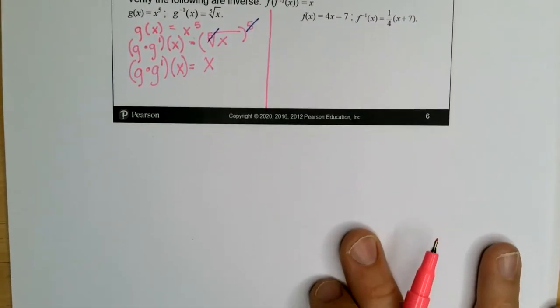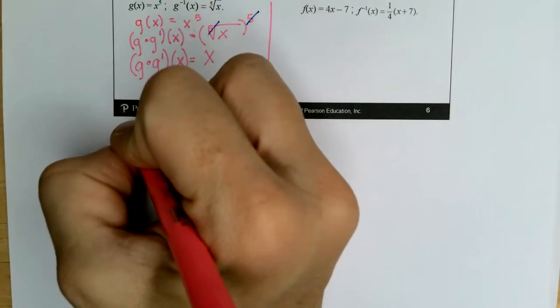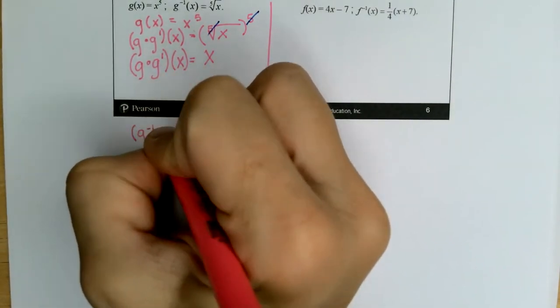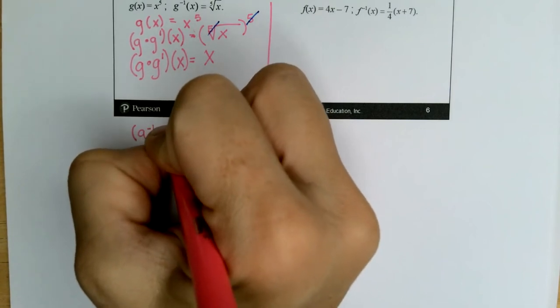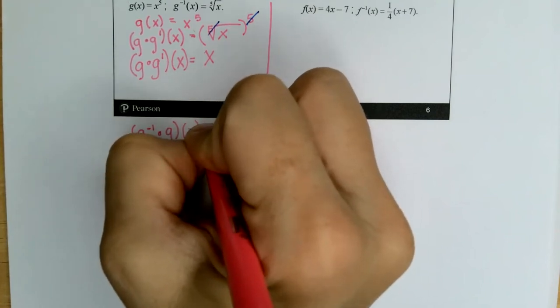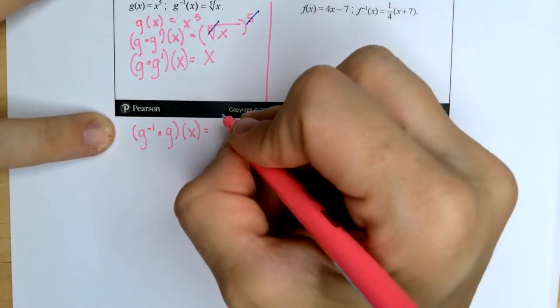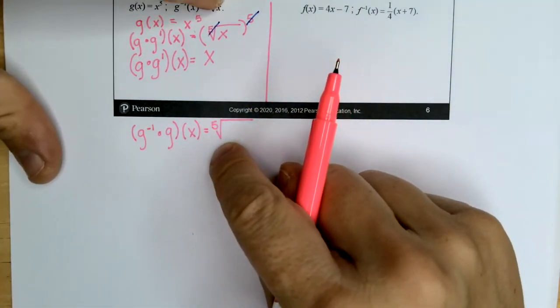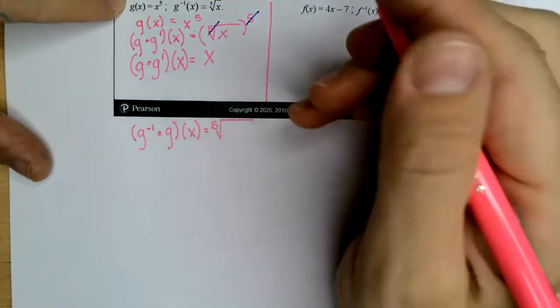I could even prove it the other way, right? I could say the inverse of g of x of g of x is, so I'll start with the 5th root of, but when I see x, I need to put in g of x.